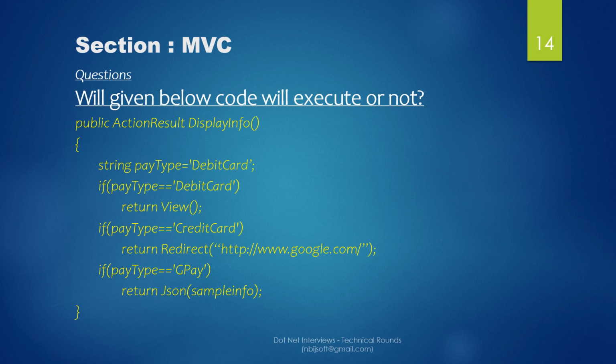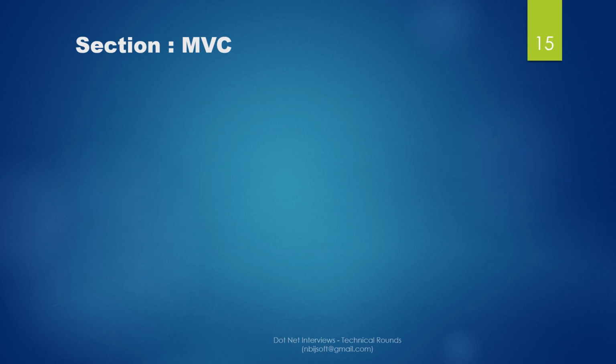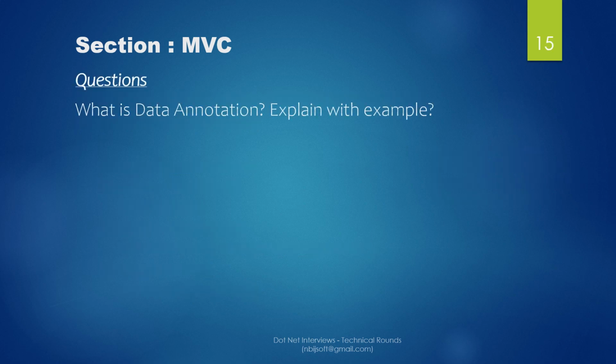Though you are returning three types from that method, it has only one return type, ActionResult. Will it work? I said yes. He said how? I said yes, because ActionResult is the base for all return types. So he said okay, fine, no worries.